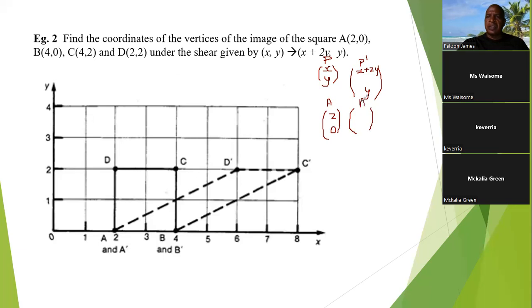And this is supposed to be A dash. And B, which is 4 and 0. So I'm just going to ask you to write these values for me.